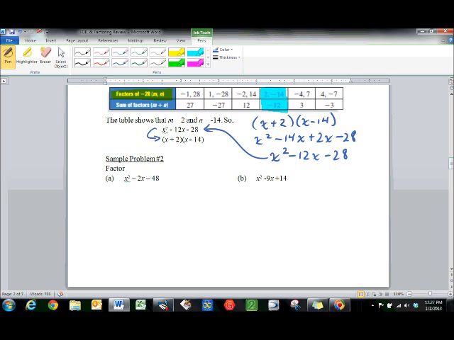If we're making a list of factors, we start off with probably the most obvious parts. So I know that 1 and negative 48 are going to multiply together to give me negative 48. But whenever I do negative 48 plus 1, that's going to give me negative 47, which is nowhere close to negative 2.